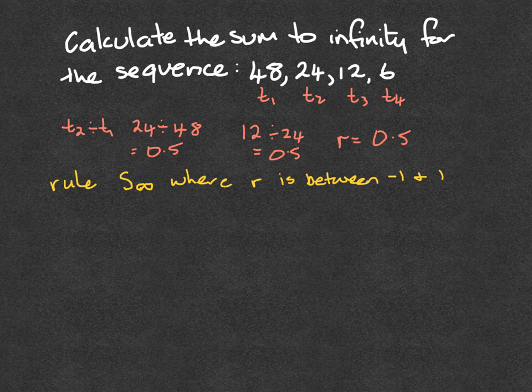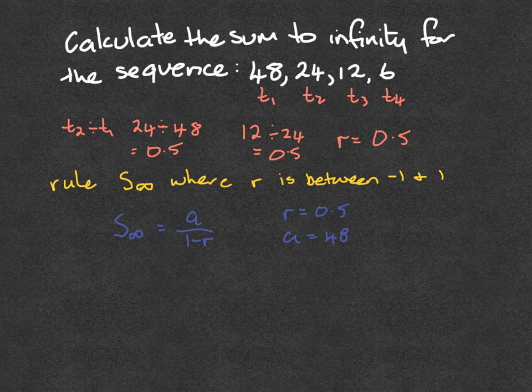It just doesn't work. So the sum to infinity rule is quite simple, and you can find this on page 32 of your book. The sum to infinity is equal to A, which is your first term, over 1 minus R. Simple as that. Now in this case, we know that our R value is 0.5, our A is 48, and that's all we need. We don't need to know the number of terms because that's not important here.